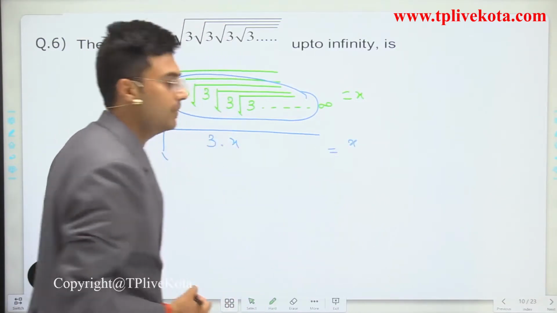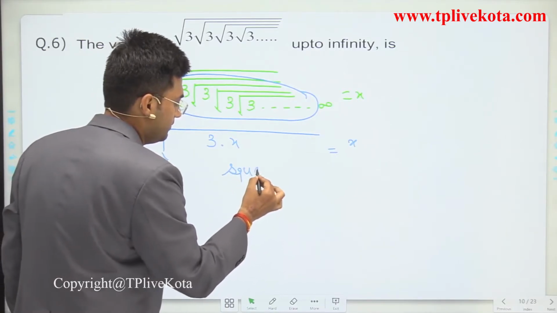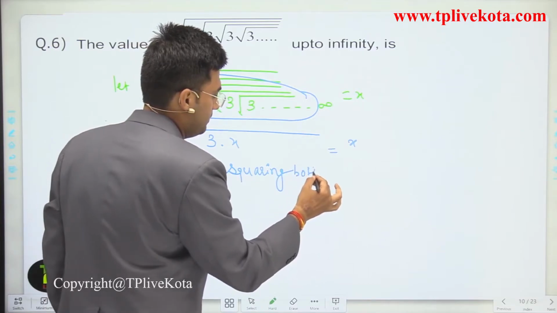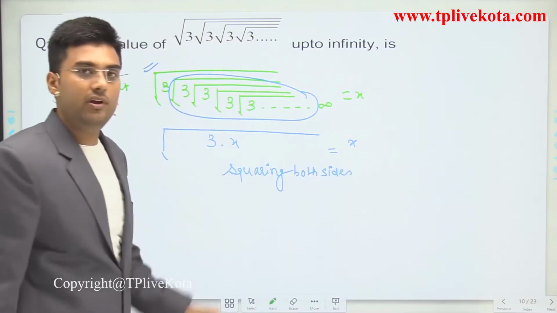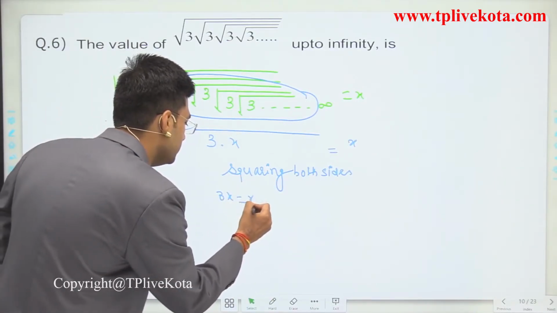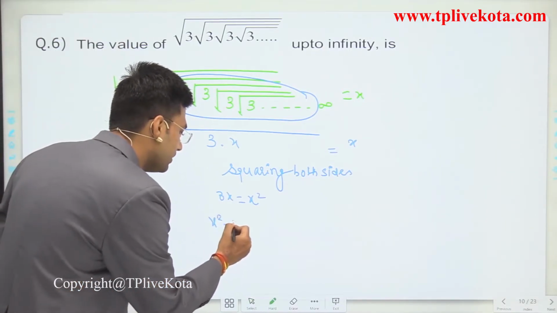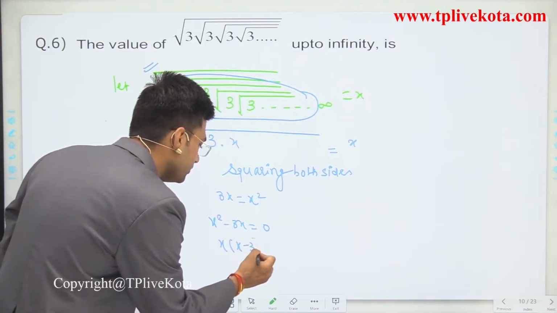So under root, 3 multiplied by x is nothing but x. Now squaring both sides. When we square both sides, what will we get? We will get 3x is equal to x square, and we can write it as x square minus 3x equal to 0, or x(x minus 3) equal to 0.